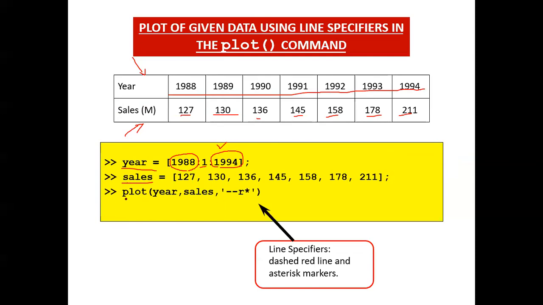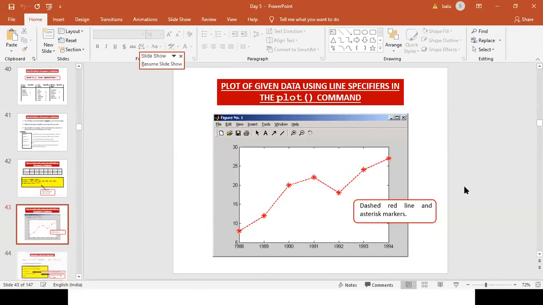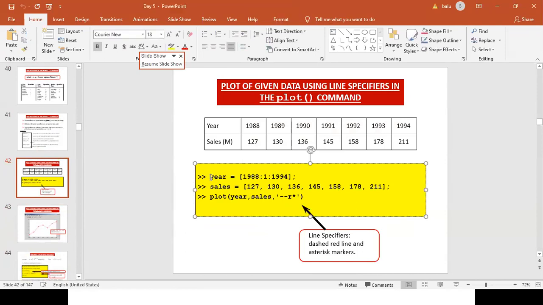Then we generate the plot: x-axis is year, y-axis is sales. We specify a dashed line in red color, and then the asterisk marker symbol. With the same program generating the two-dimensional plot, what output do we expect? The expected output is like this, where we start from here.